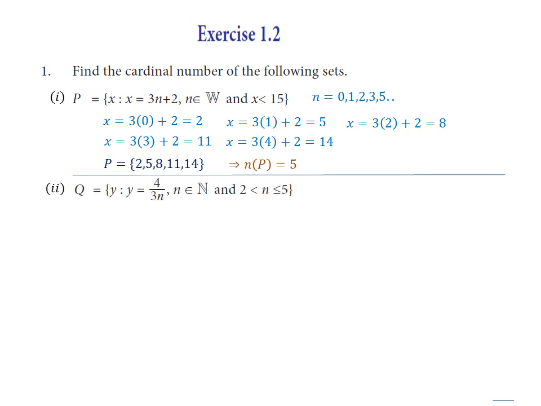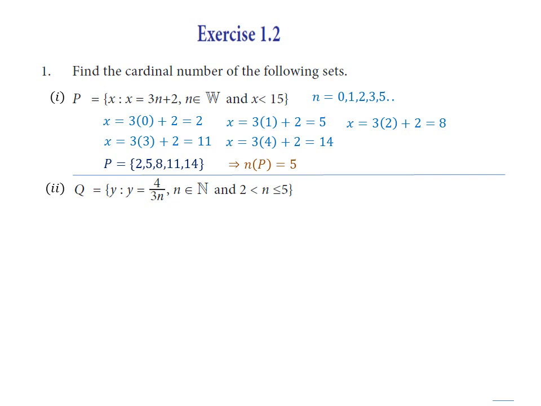Second one, Q is equal to set of all y such that y is equal to 4 divided by 3n, n belongs to N and 2 less than n less than or equal to 5. So, you should know what values to substitute for n. That is the main thing. Here n belongs to N, natural numbers.